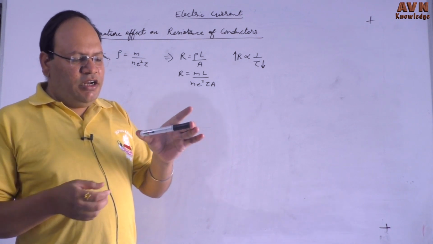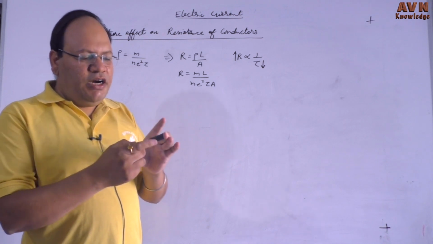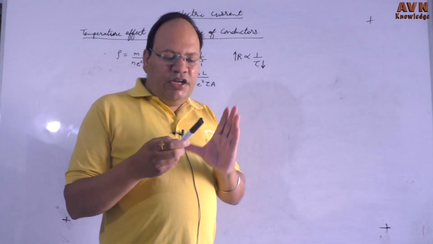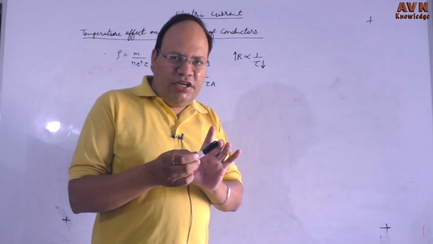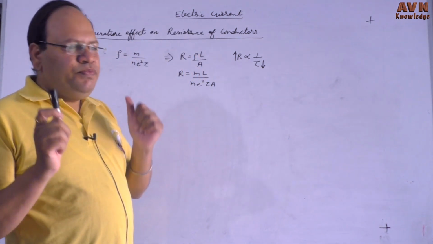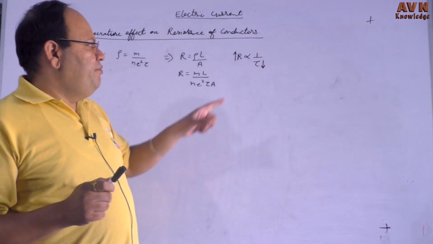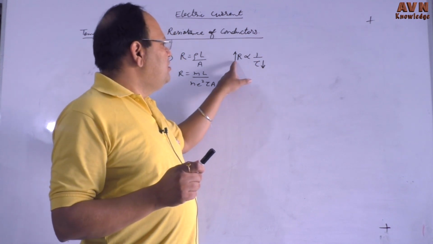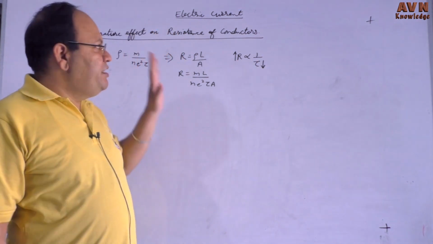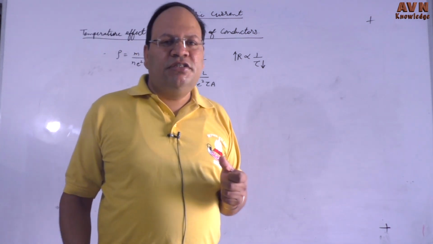Suppose this is a conductor, and when you increase the temperature, the molecules of this conductor move very fast. So the average time of collision will decrease. When the average time decreases, the resistance will increase. So this is the basic concept of the temperature effect on resistance.